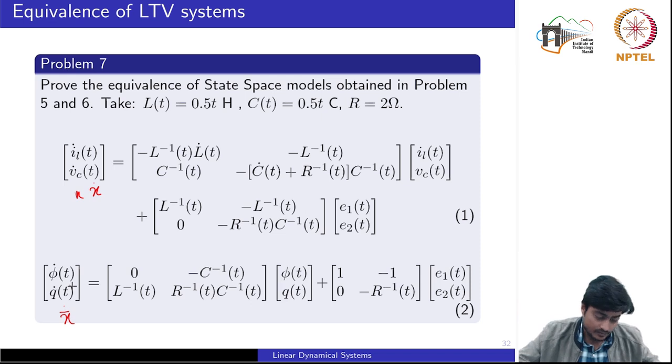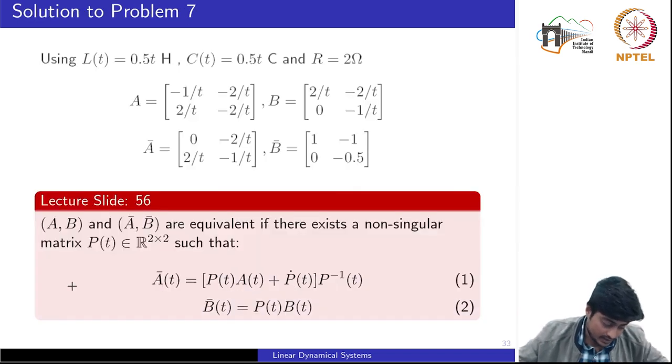If you recall lecture slide number 56, this is the condition we have: given that the two time dependent pairs are equivalent whenever there exists a non-singular matrix P of t. Here we have already specified the dimension, because the dimension of the state matrix is 2 cross 2.